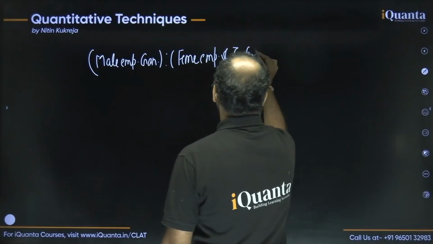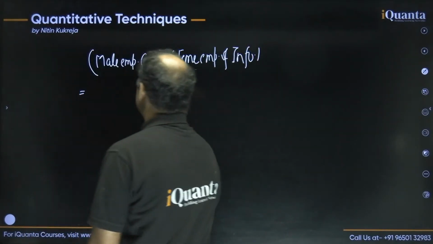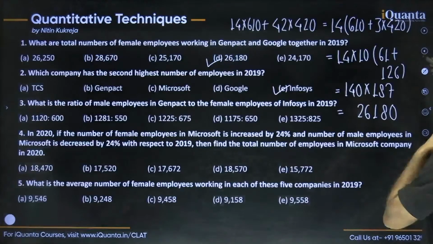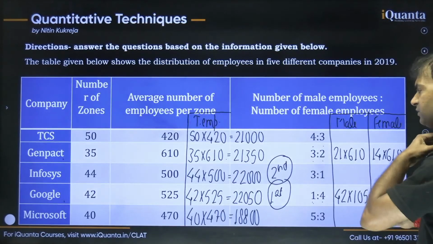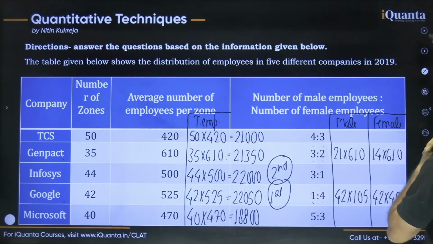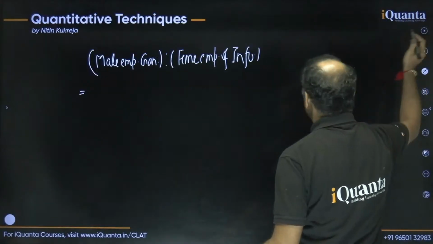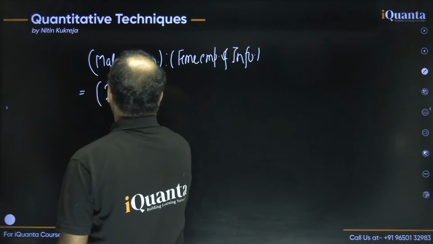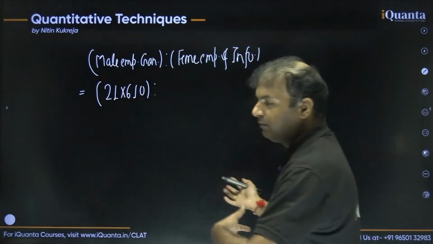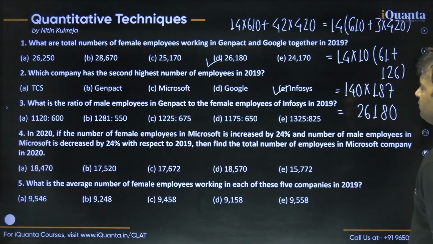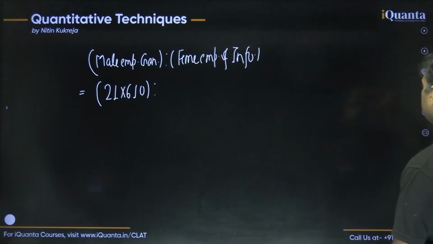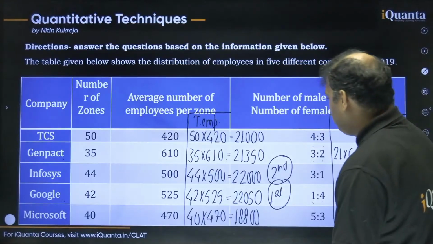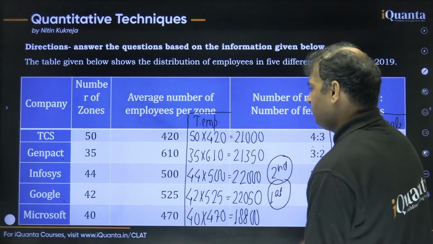Okay, how can we do that? Male employees in Genpact, guys, I think this is something we have already done, 21 into 610, right? I can multiply them as well, but I'm not doing it because ultimately we have to find the ratio, and a lot of numbers must get cancelled out, right? That's why I'm not doing it. Okay, the next thing we have to find is the female employees of Infosys, right? Infosys is here.